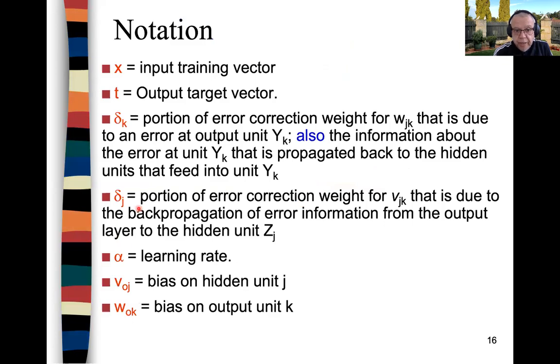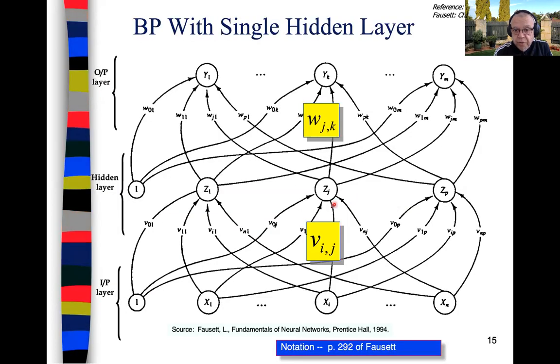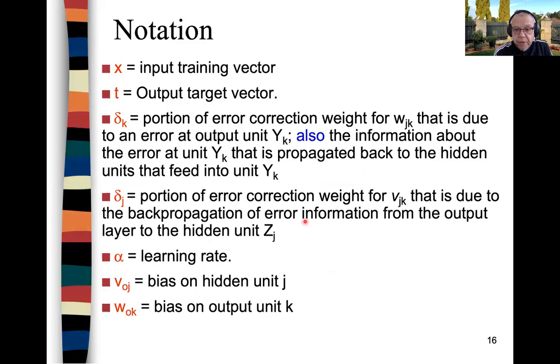The delta j, so this is delta k for the output. Delta j is the portion of the error correction weight for Vij that is due to the backpropagation of error information from the output layer to the hidden unit. So here you have delta k, here you have delta j, okay?